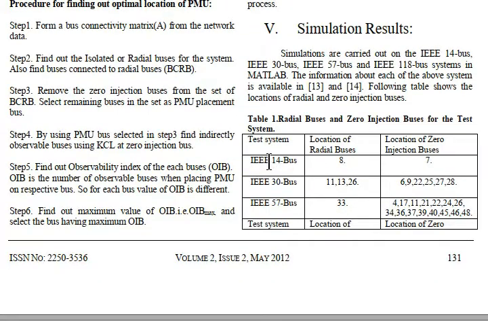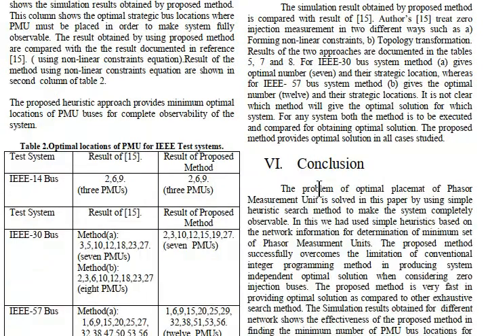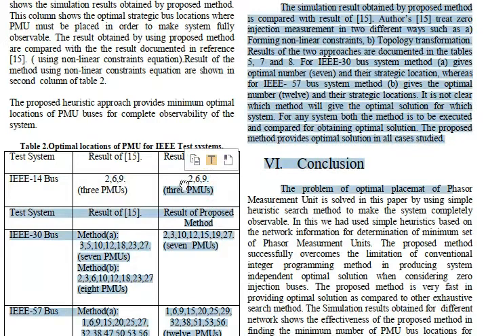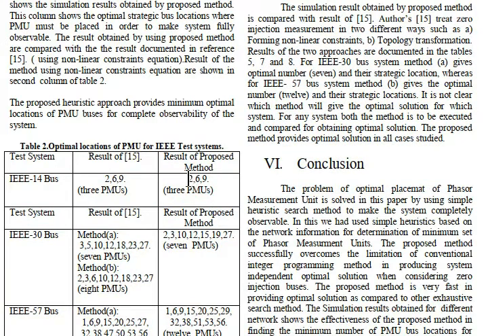Suppose for a 14 bus system, the location of the zero injection bus is bus number 7, as we have seen. The results show that a minimum of 3 PMUs are required if we consider the zero injection bus technique. So for the 14 bus system, a minimum of 3 PMUs are required to make the system observable.